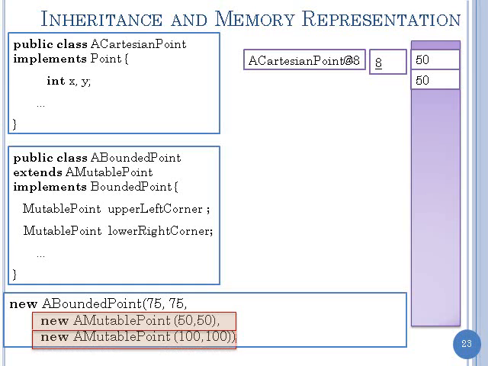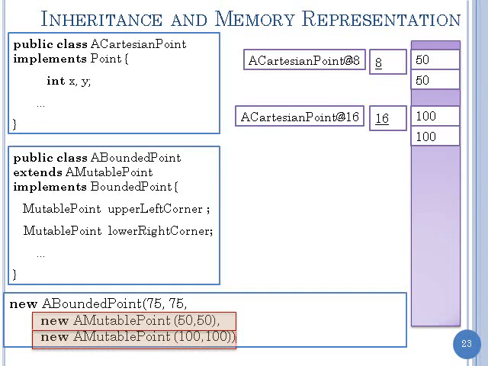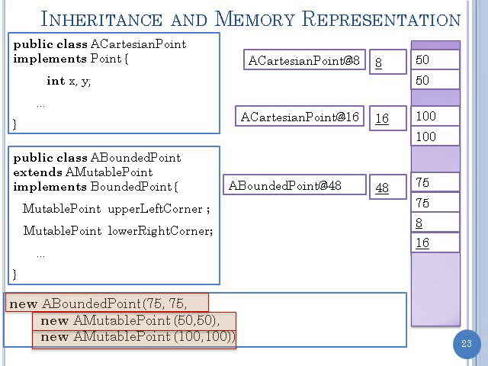Okay, and then it does the other Cartesian point, and now I've got 100 and 100, and I've got a location called, let's say, 16. And now I'm going to have my bounded point, and it's got those 4 slots, and I've got 75 here and 75 here. Those are my 2 int values. And I have the address of the first point and the address of the second point.